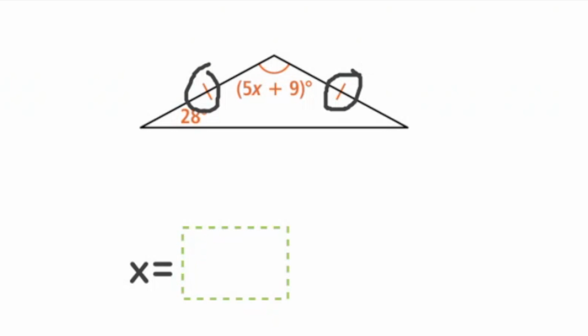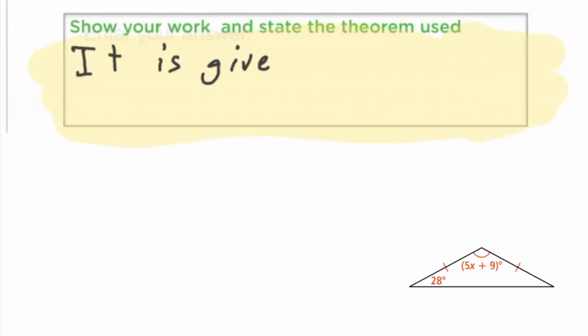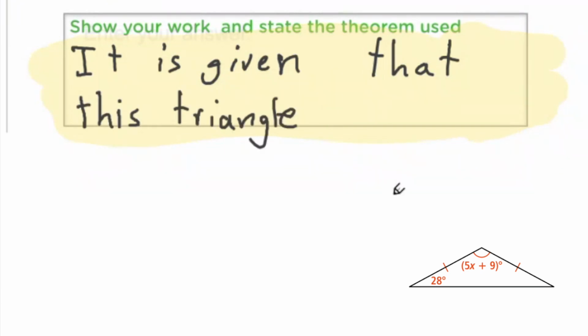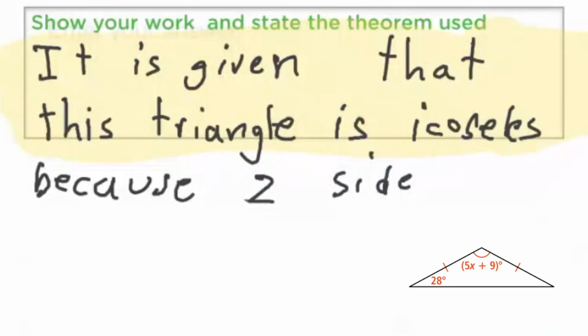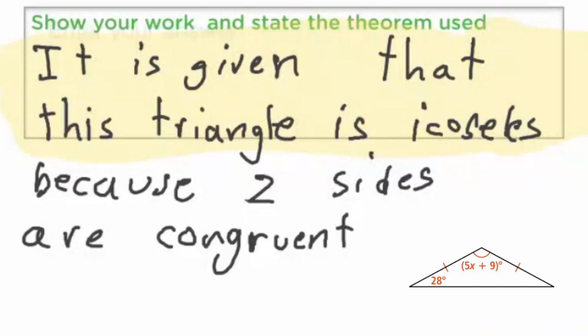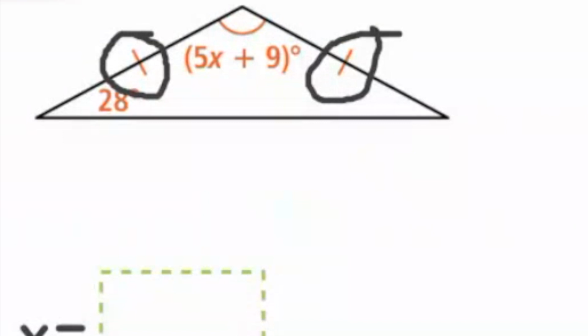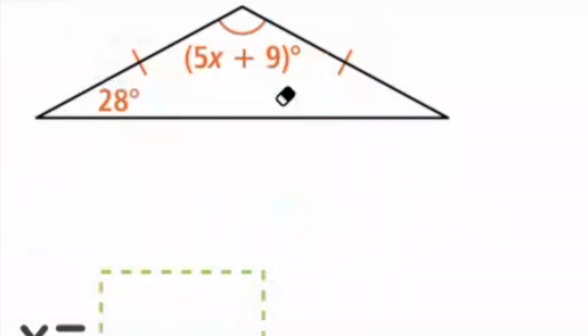So what you need to do, you say it's given that the triangle is isosceles. So you can say that using the theorem, the other angle is 28 degrees.